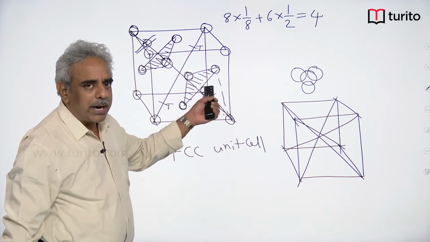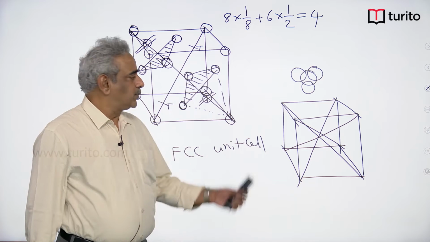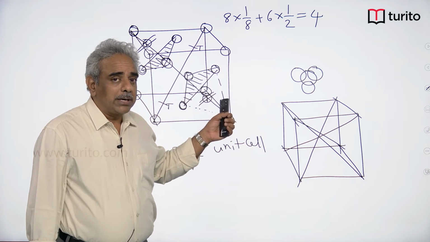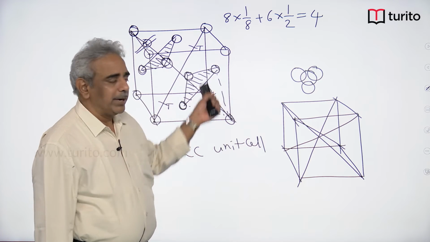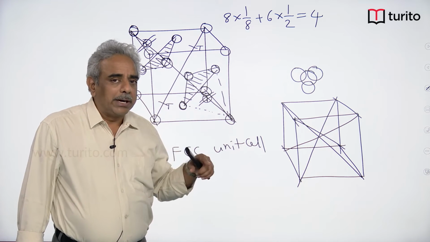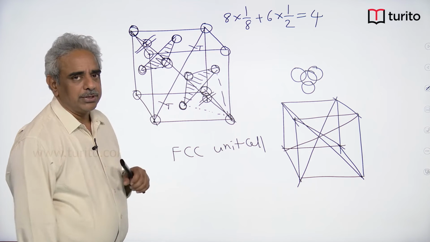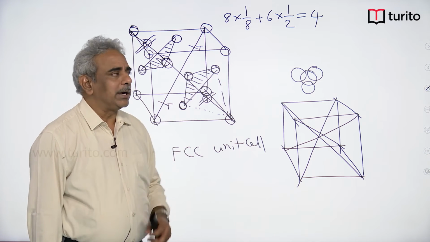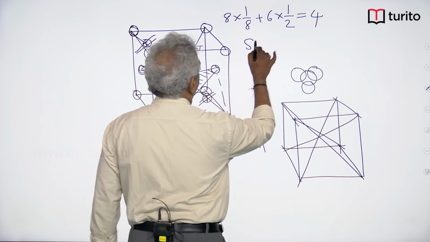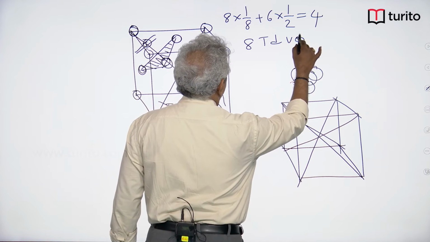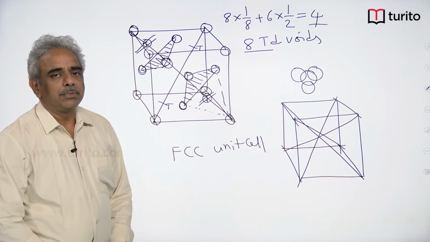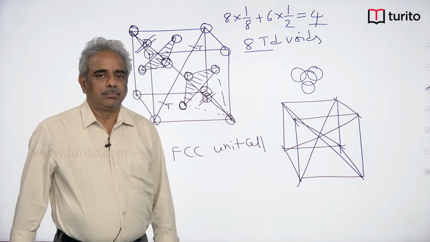So, there are 4 atoms in this particular unit cell, and per 4 atoms you have got 8 tetrahedral voids. On each body diagonal there are 2 tetrahedral voids. There are 4 body diagonals, 4 twos are 8 tetrahedral voids. So, for 4 atoms there will be 8 tetrahedral voids.